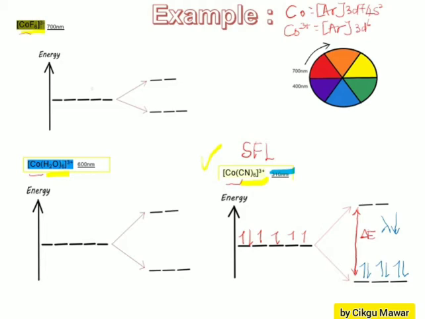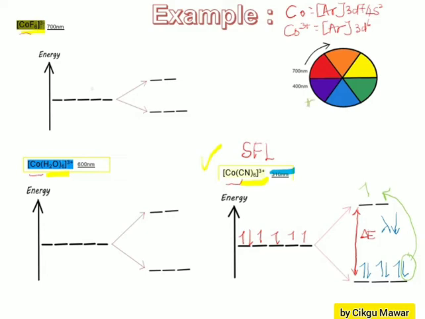How about the color? When the splitting occurs, a d-d transition occurs. We refer to the color wheel here: 310 nanometers is located somewhere here.